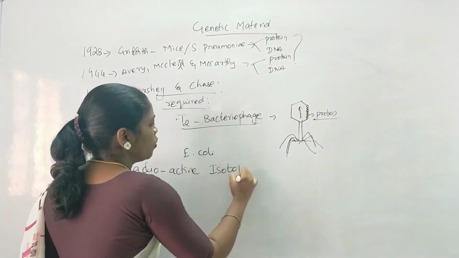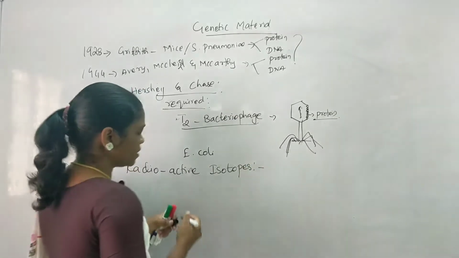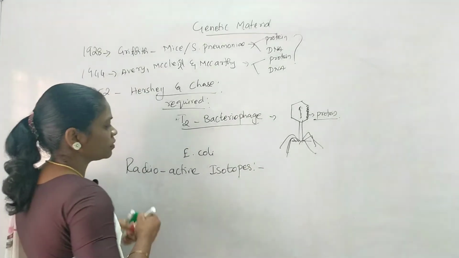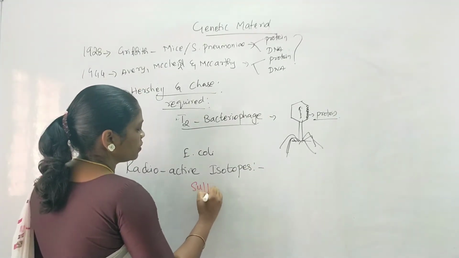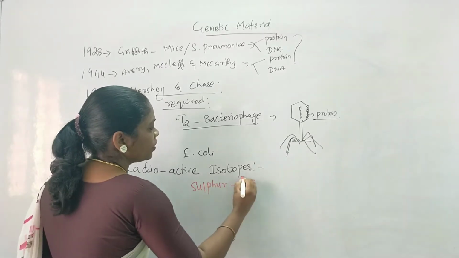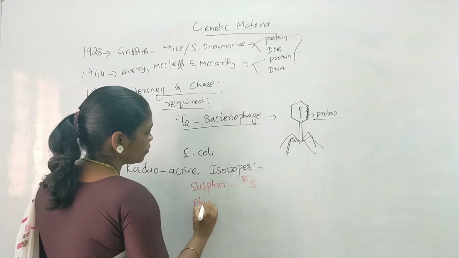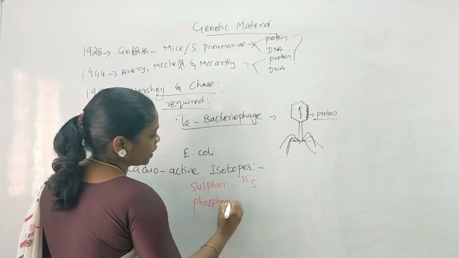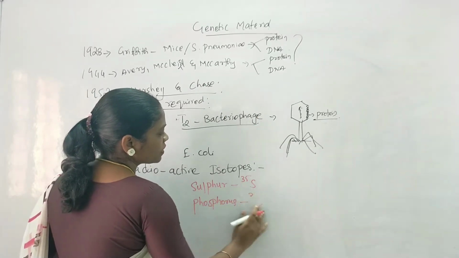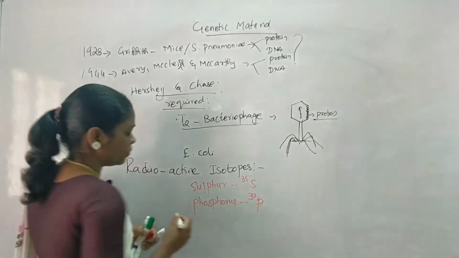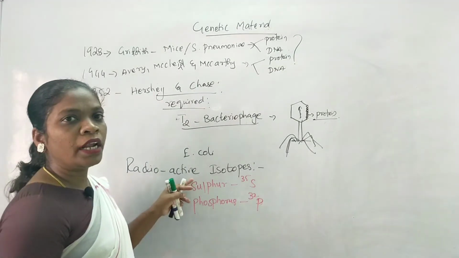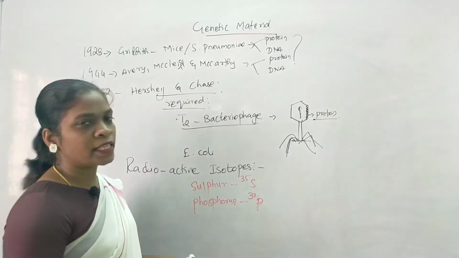Radioactive isotopes. What are those radioactive isotopes? They are nothing but sulfur 35 and phosphorus 32. They have taken these two radioactive isotopes for this experiment.